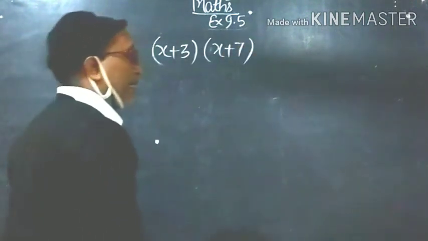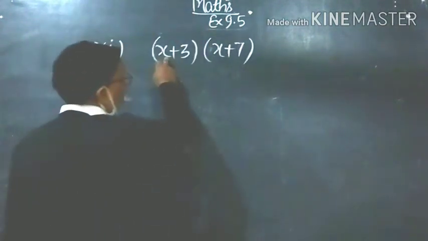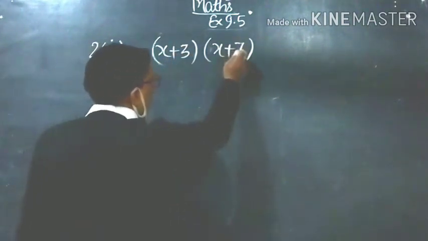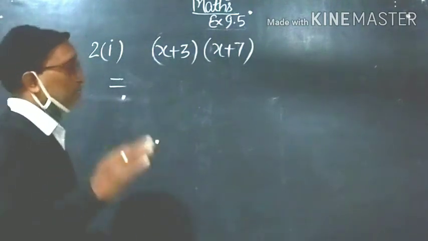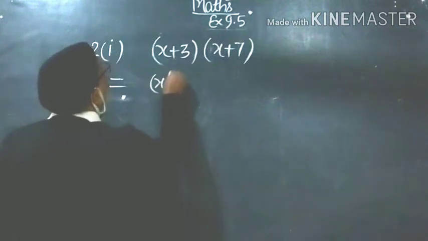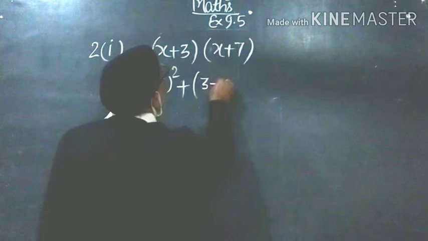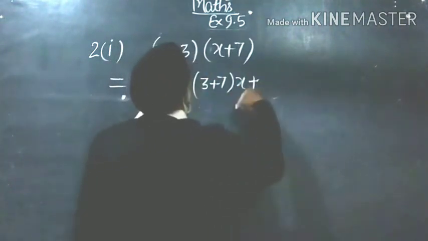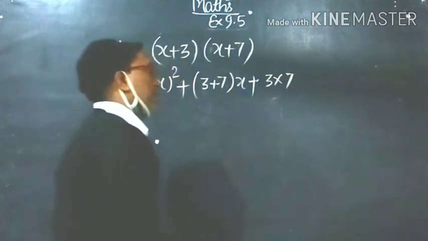By using the identity (x plus a) into (x plus b), here x is equal to x, a is equal to 3 and b is equal to 7. We are using the identity (x plus a) into (x plus b). Right, here x square plus in the bracket (a plus b) into x plus a into b, means ab.